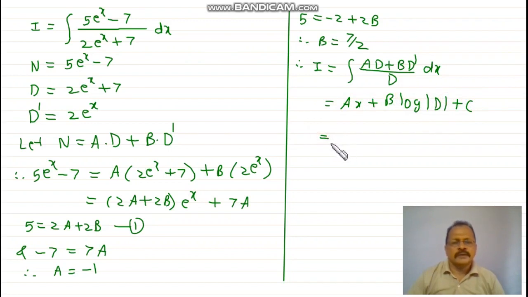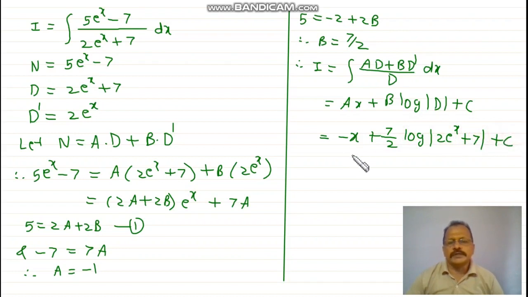Here a is minus 1, so minus x, plus b is 7 by 2 times log mod d, where d is 2e raised to x plus 7, plus the constant of integration c. This is your final answer to this problem.